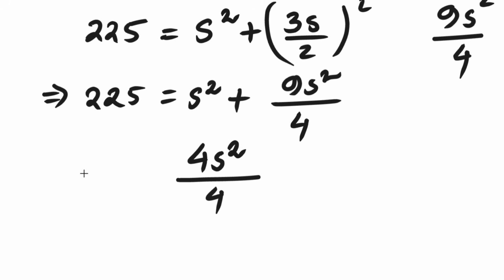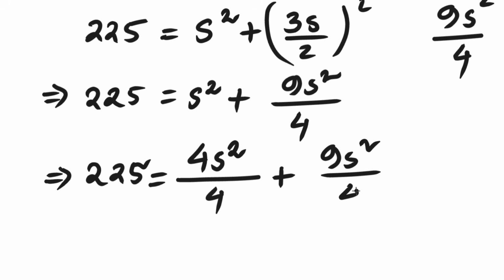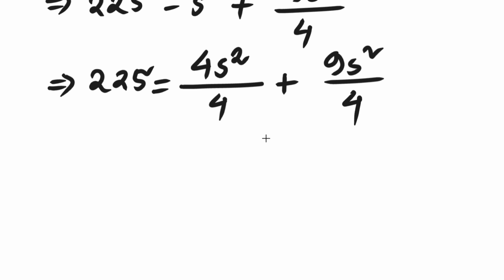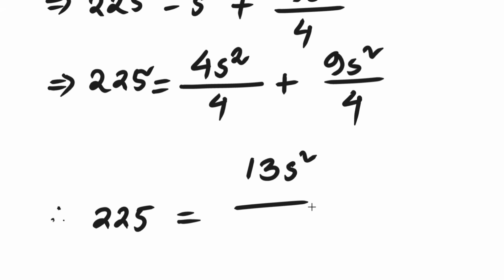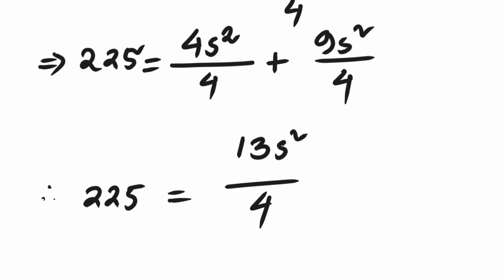Doing that gives us 225 equals 4s squared divided by 4 plus 9s squared divided by 4. Since the denominators are now the same, we can add the numerators. 4s squared plus 9s squared equals 13s squared. Therefore, 225 equals 13s squared divided by 4.